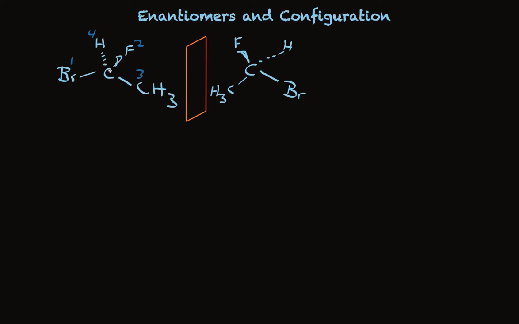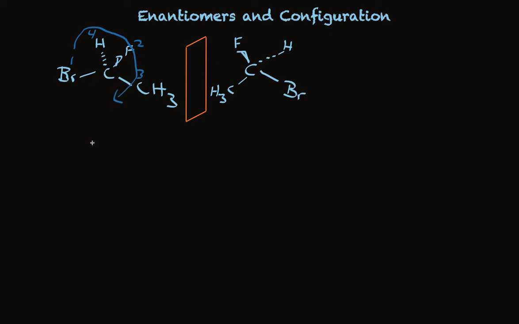The third thing you do is, now forget the 4th priority group altogether and look at the first 3 and move in a direction that's clockwise or counterclockwise from 1 to 2 to 3.